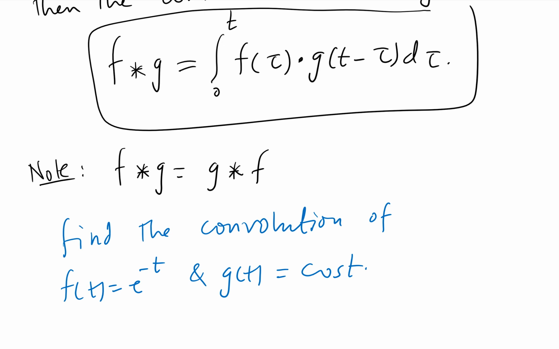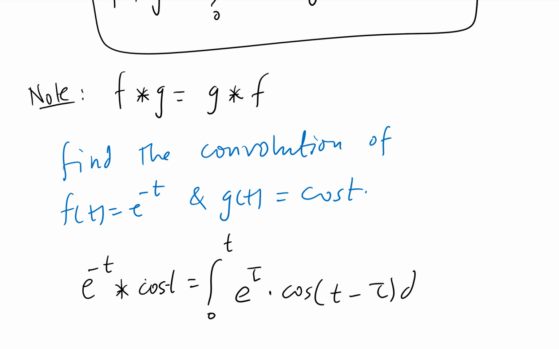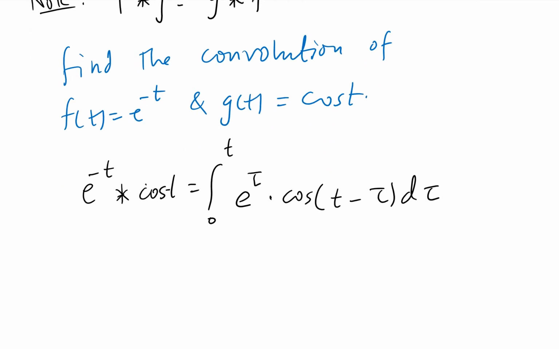So all we have to do is apply the definition. e^(-t) convolved with cosine t is the integral from 0 to t of e^(-tau), negative tau becomes positive tau, times cosine of t minus tau d tau. And now how do we integrate this? Well, integration by parts is required.